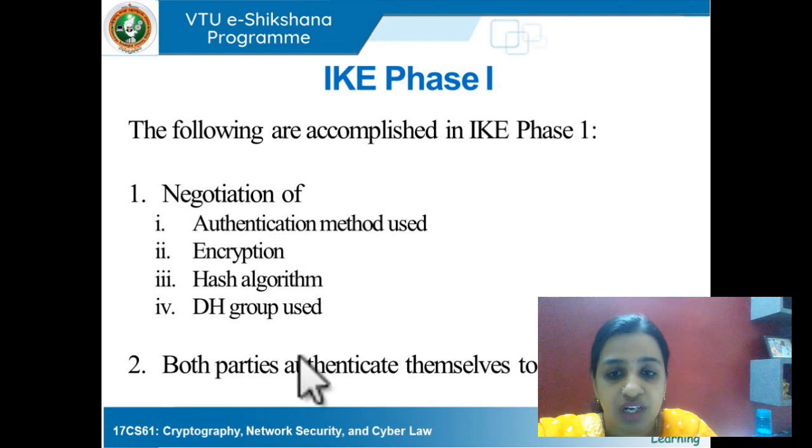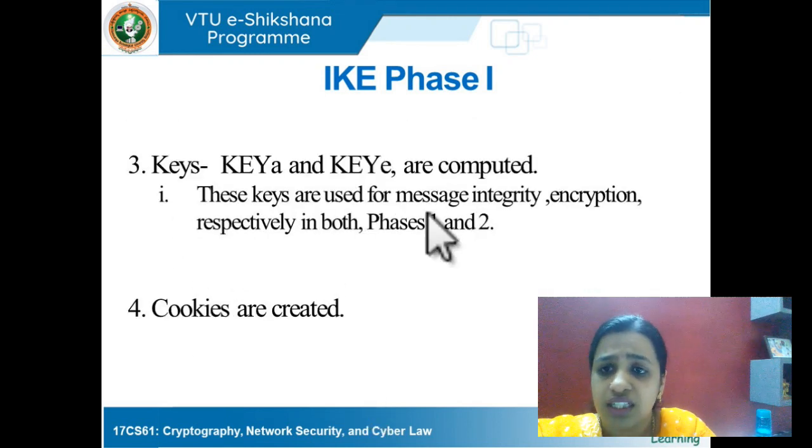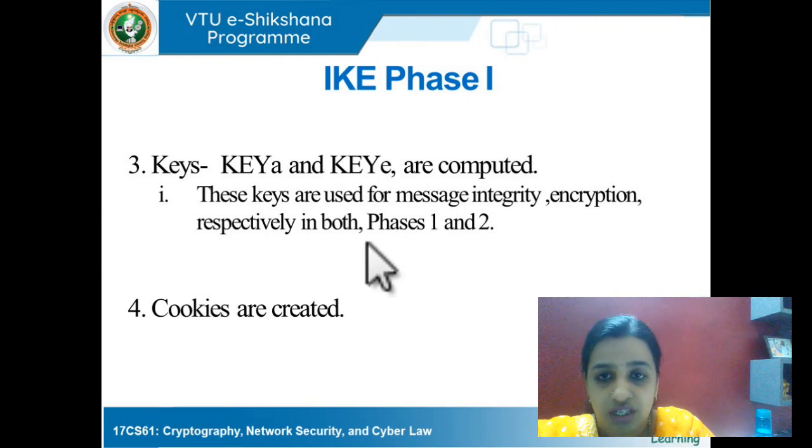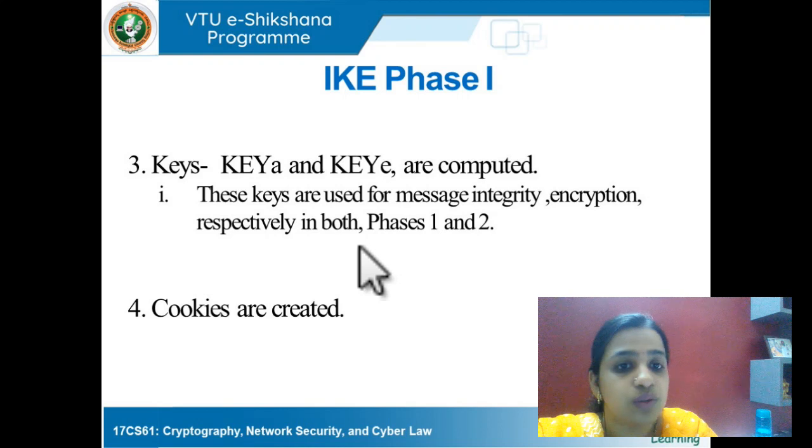Both the parties authenticate themselves to each other during phase 1, and keys are computed. Key A and key E are computed. These keys are used for message integrity and message encryption in both phases, that is phase 1 and phase 2. Also in phase 1, cookies are created, one for the initiator A and another for the responder B.